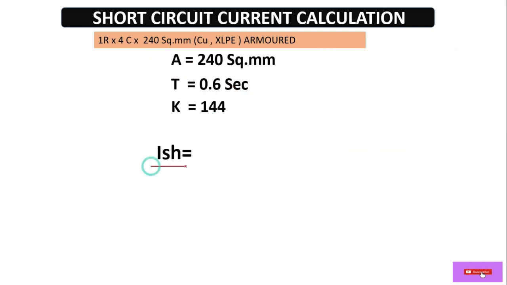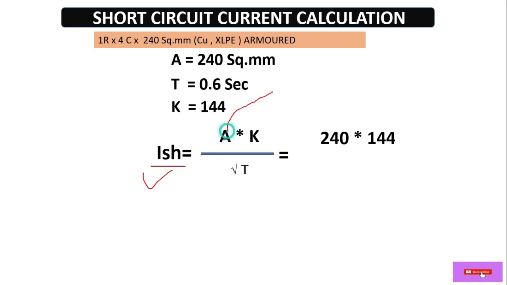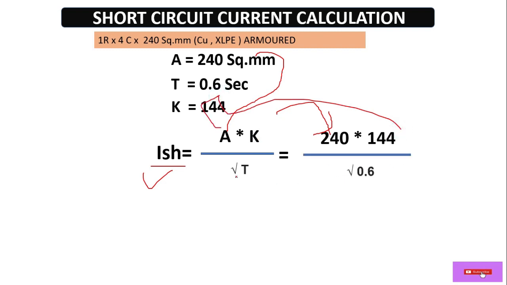Then as per the formula, the short circuit current is A into K divided by square root of T. So now let's put the values. A is 240, K is 144, divided by T, the breaking or tripping time of the breaker, which is 0.6 second.